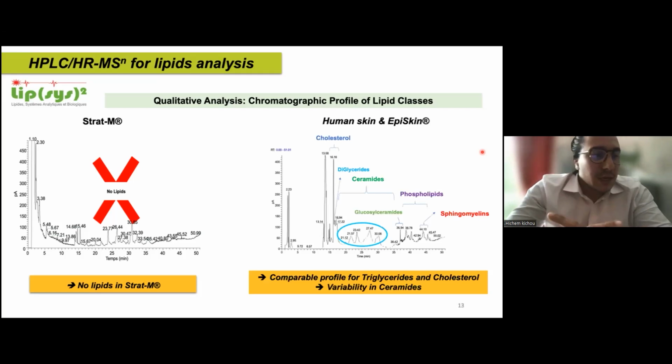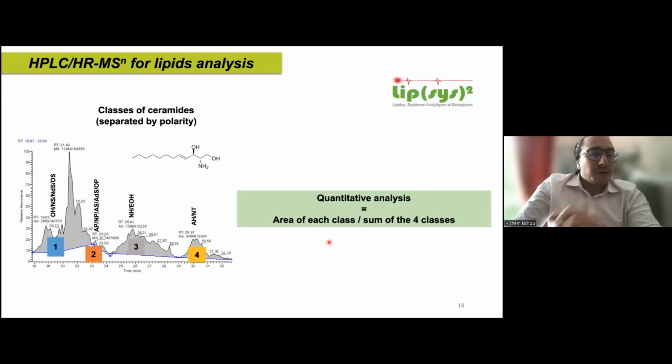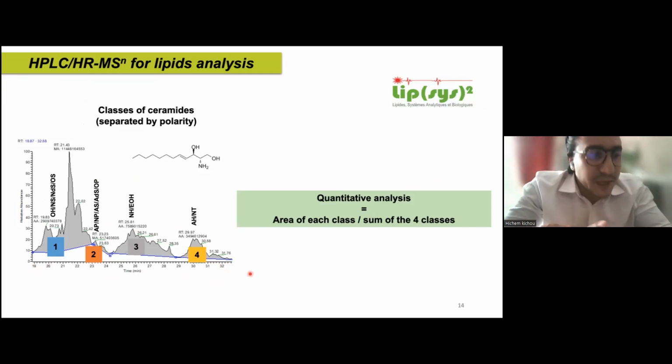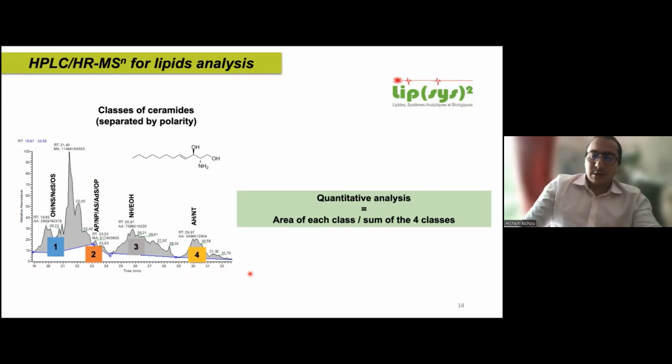However, the EpiSkin and human skin have comparable qualitative lipid profiles, including triglycerides and cholesterol. However, differences remain in ceramides. Focusing on the ceramide region between 19 and 32 minutes, we observe 4 peaks, each peak representing a class of ceramides, and a quantitative analysis was therefore performed on these peaks.